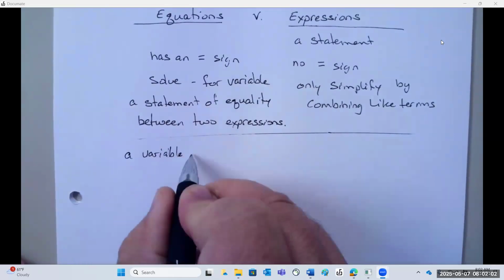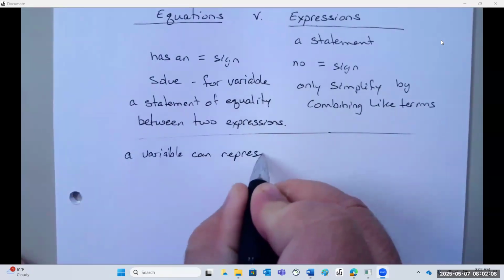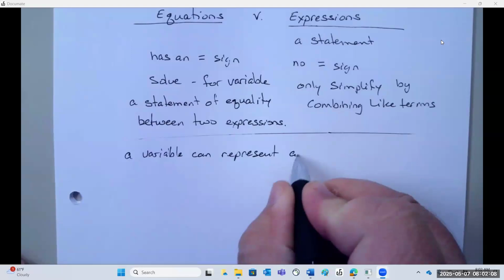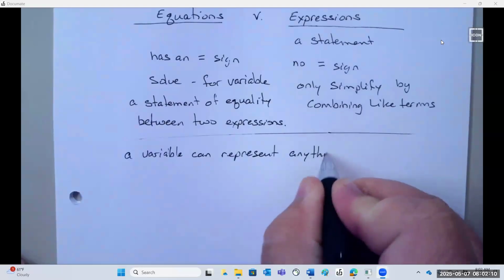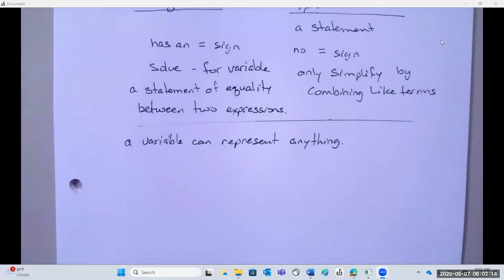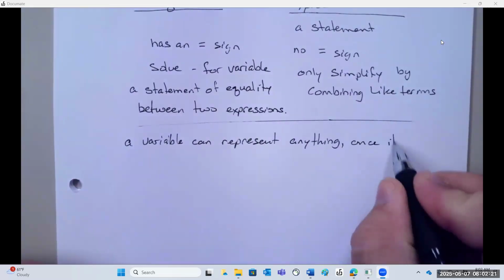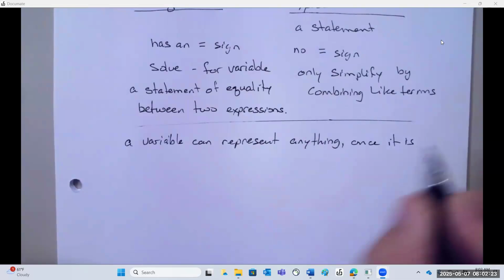A variable can represent anything once it is defined.